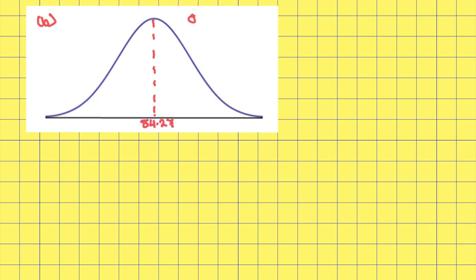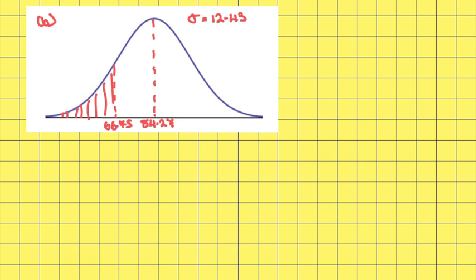I know that the standard deviation is equal to 12.43, and I want a weight less than 66.75. Well, 66.75 is below the mean, so it's around here. So 66.75, and the area I want is here.